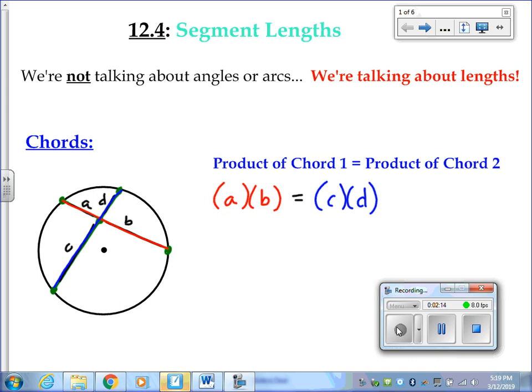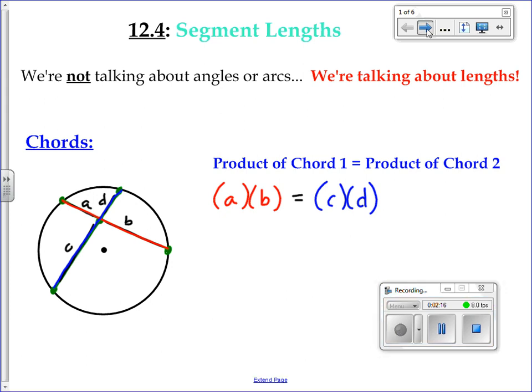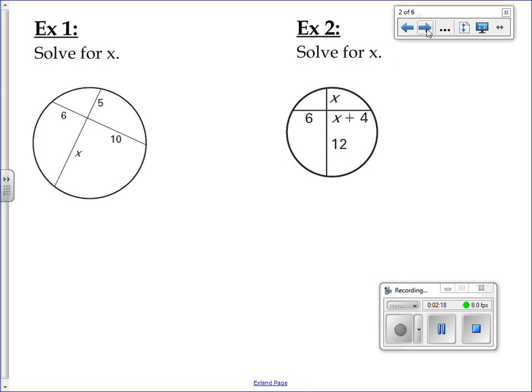So let's actually do an example here. So for example 1, I have two chords. I can see the four parts that have been created, and I'm missing one of the parts. It's called X. So we're going to solve for X. So again, we're going to use that idea of taking the product of chord 1, and we're going to equal it to the product of chord 2.